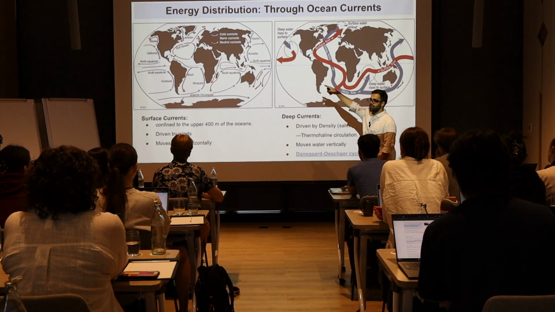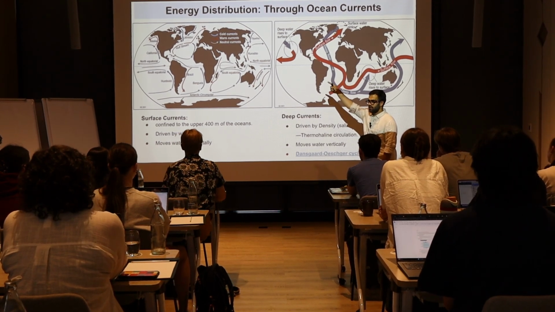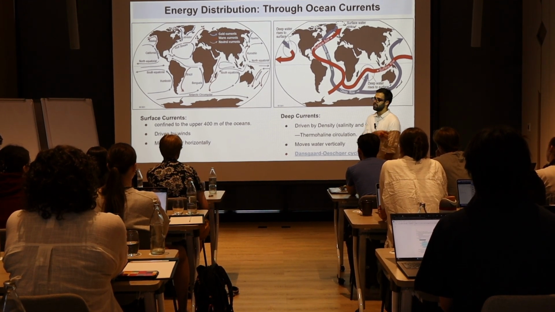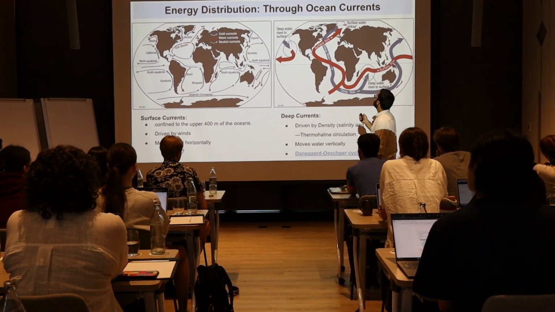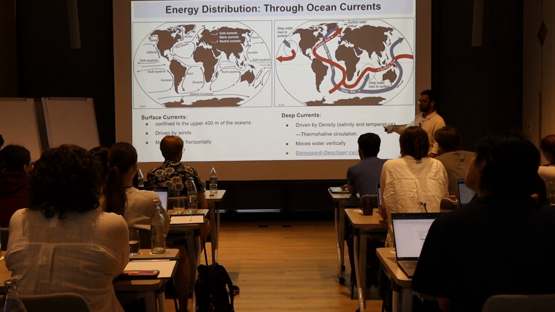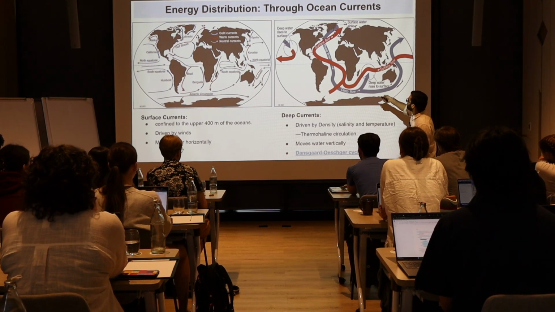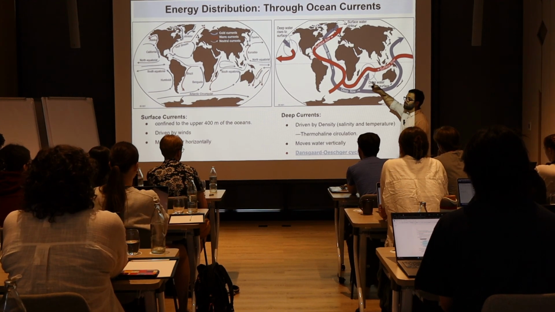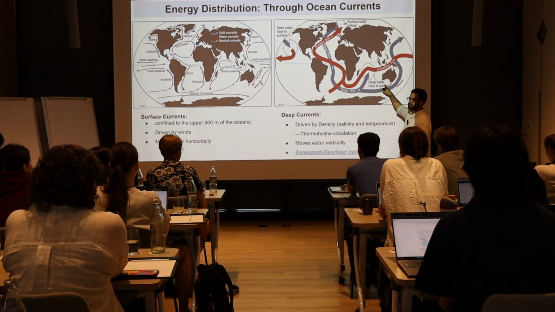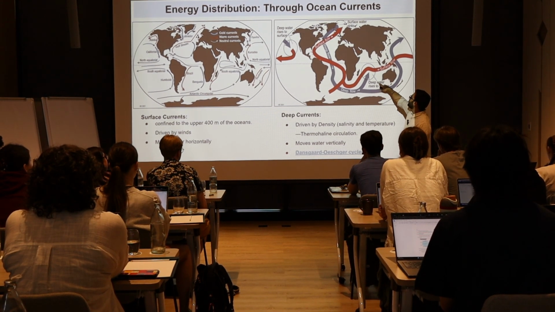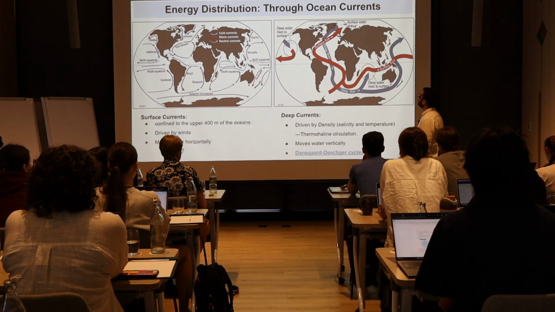Since it mixes there with the colder water, that's the only reason that here we will see the water sink down. So this is the location where it sinks down. It's because of the salinity and the temperature. But when it sinks down, it starts flowing around these regions. And then this is why this cold water rises up, either here or here, the Madagascar region, or this region.